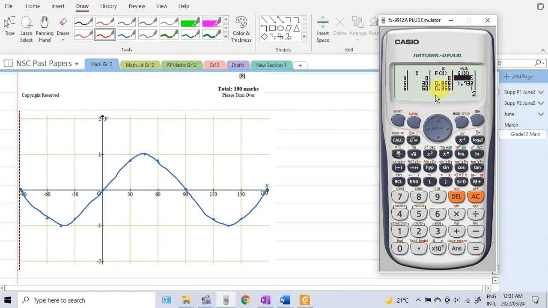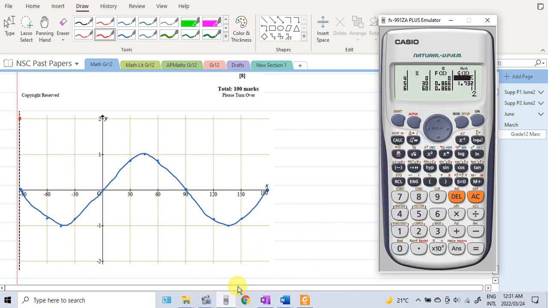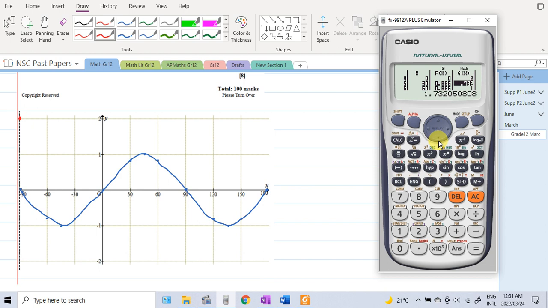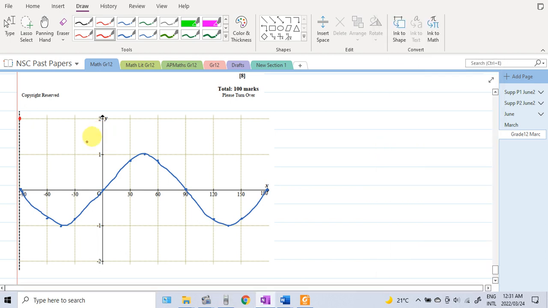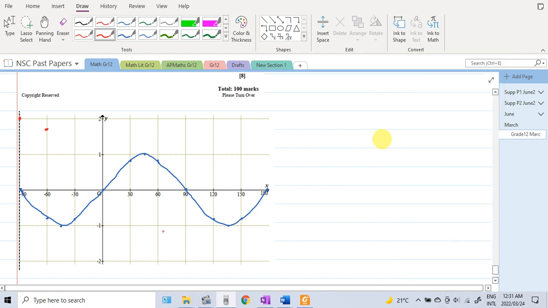Next one, 1.73, which we need to estimate, somewhere between 1.5 and 2. At minus 30 we're getting a value of 1, which is great. At 90 we're getting a value of 0.